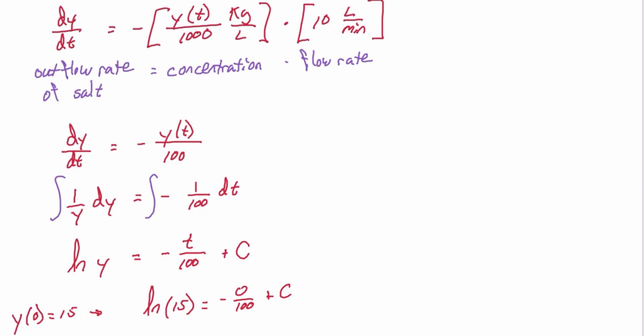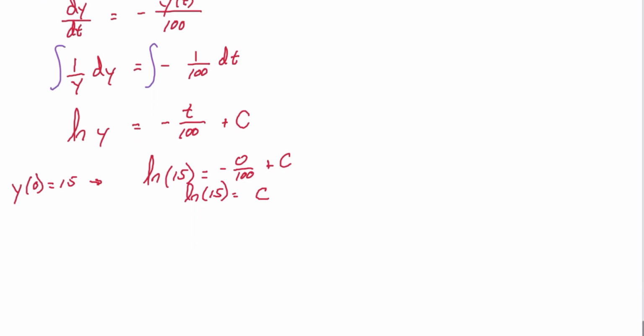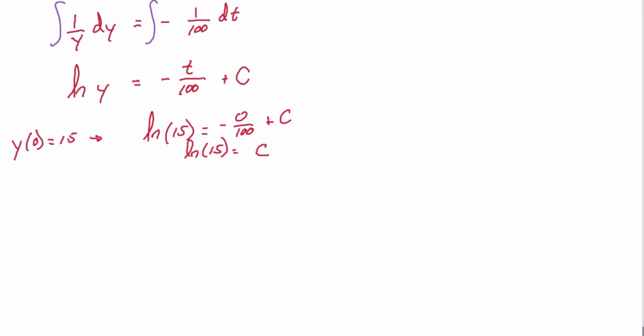So that means c is the natural log of 15. With that information, we can go back to the previous equation. We have ln y equals negative t divided by 100, and c we are now replacing with the natural log of 15.